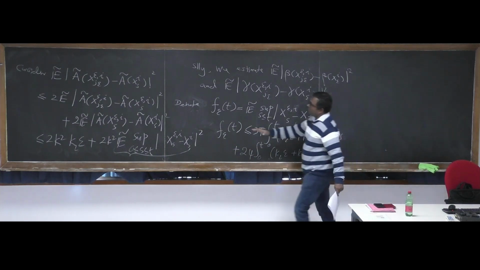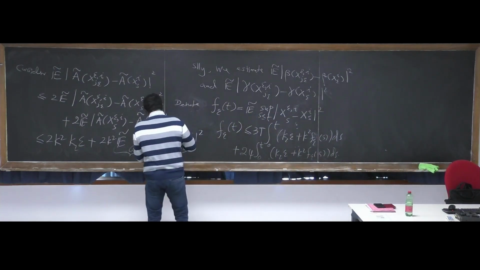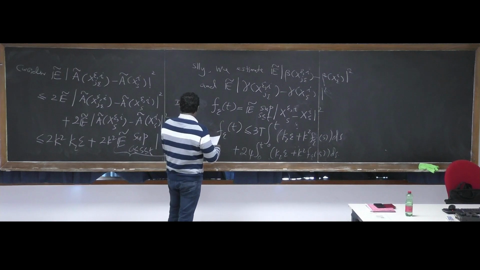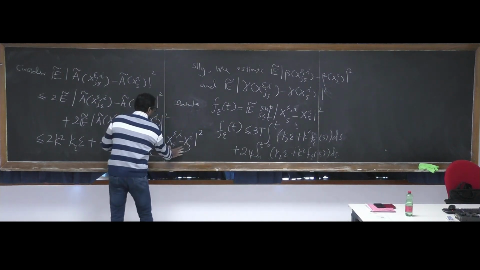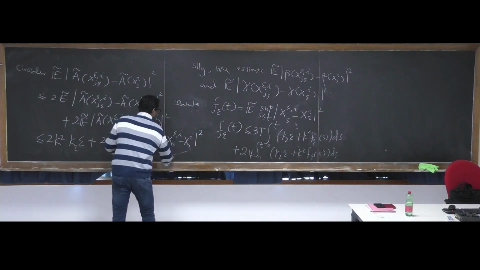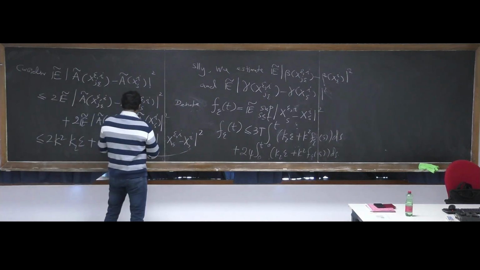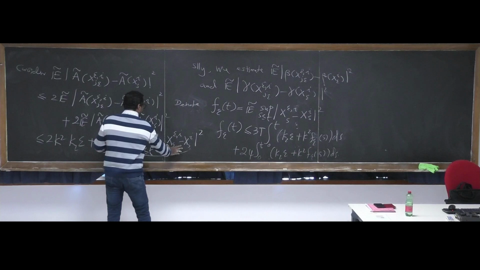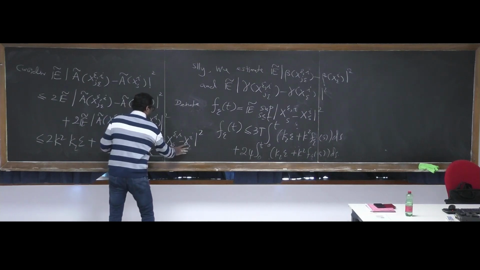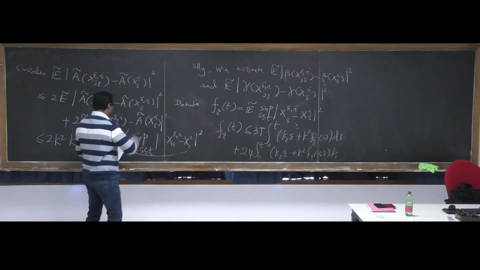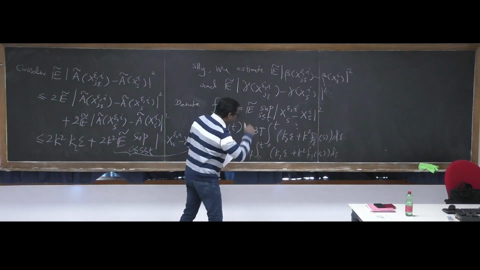So basically, because we started with the difference of this, you can remember at the beginning of the proof, we have taken the square of the difference of this and taken the expectation of the supremum.